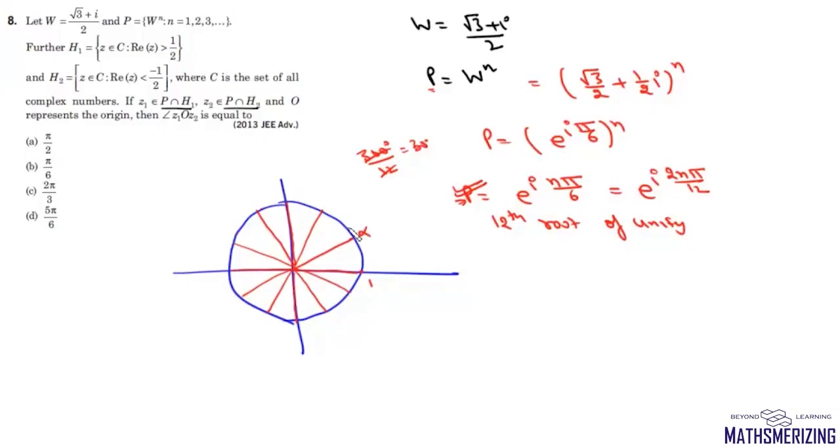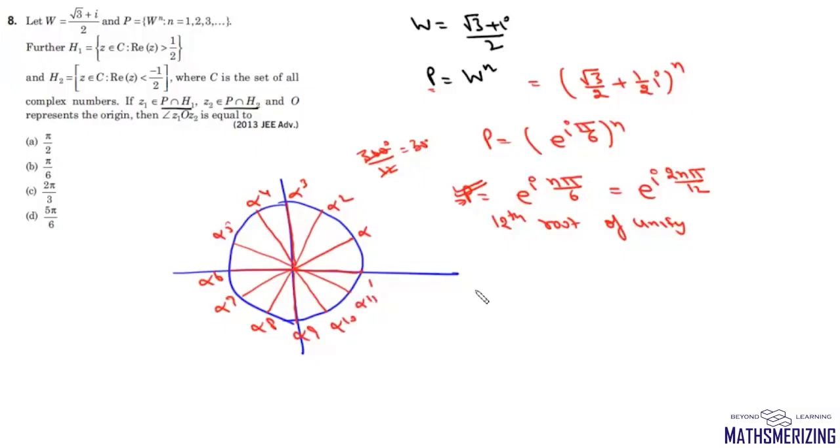So this is 1, alpha, alpha square, alpha cube, alpha to the power 4, alpha to the power 5, 6, 7, 8, 9, 10 and 11.